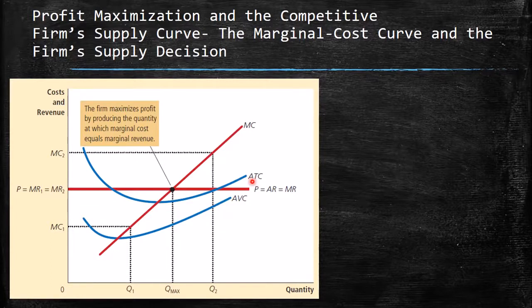The sum is going to be the average total cost. Remember, the marginal cost cuts at the minimum the average variable cost and the average total cost. And why at the minimum?